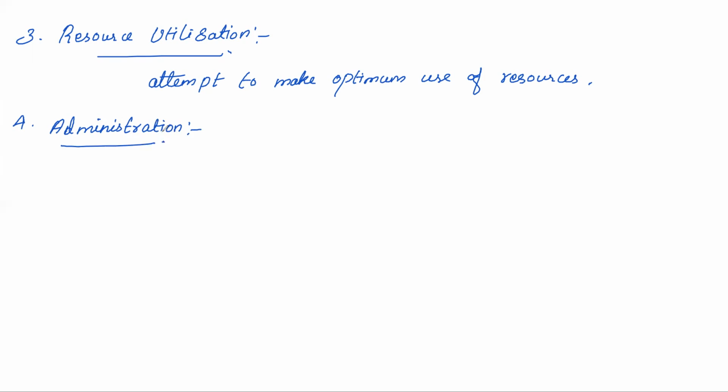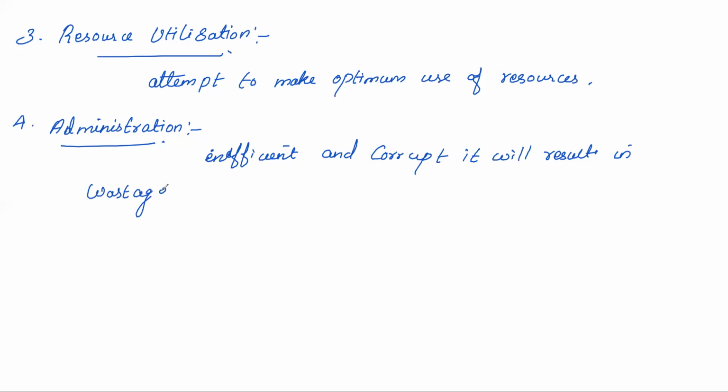The effectiveness of measures of the government as well as private depends on the administrative machinery. If the administrative machinery is inefficient and corrupt, it will result in wastages and losses.